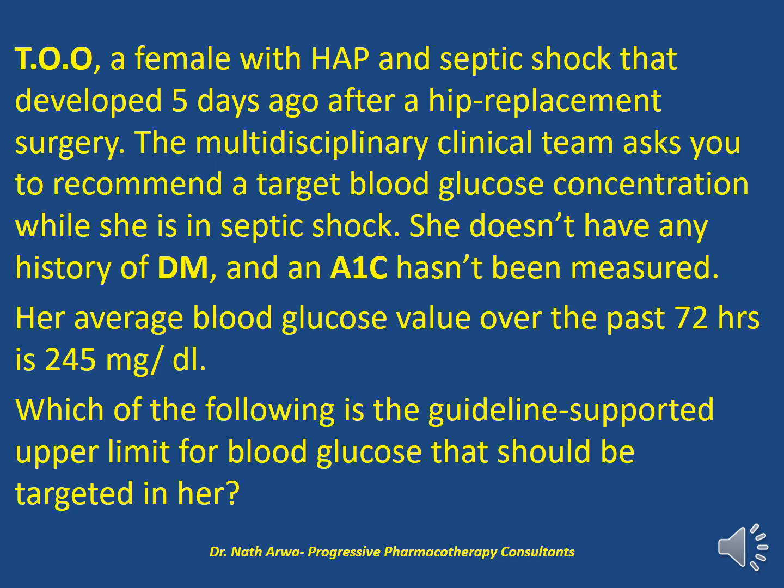Her average blood glucose values over the past 72 hours have been 245 milligrams per deciliter. So which of the following is the guideline supported upper limit for blood glucose that should be targeted in TOO's case?